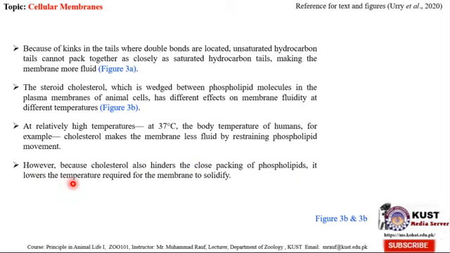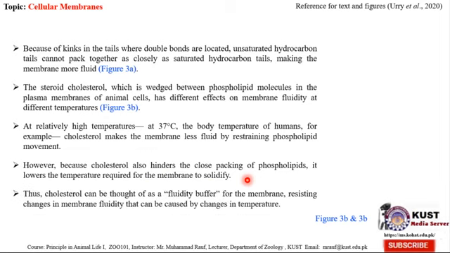It lowers the temperature required for the membrane to solidify. Thus, cholesterol can be thought of as a fluidity buffer for the membranes, resisting changes in membrane fluidity that can be caused by changes in temperature.